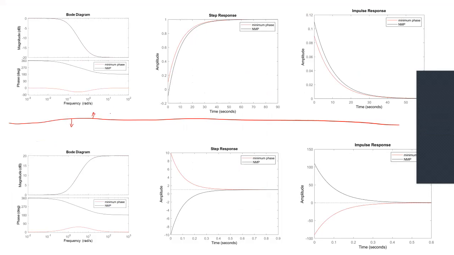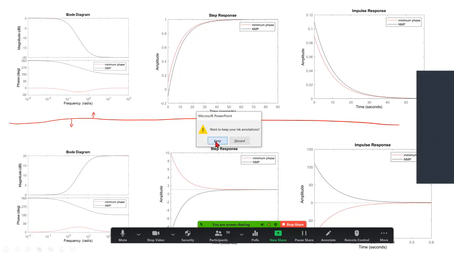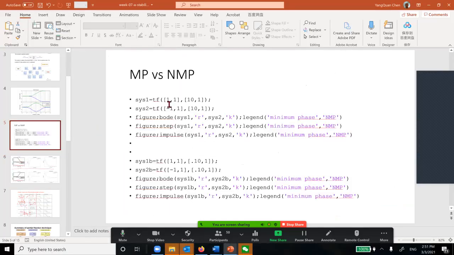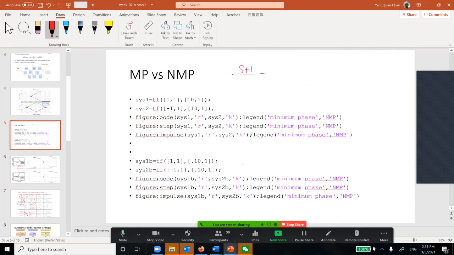The code is here. System 1 is transfer function 1, with numerator s plus 1.